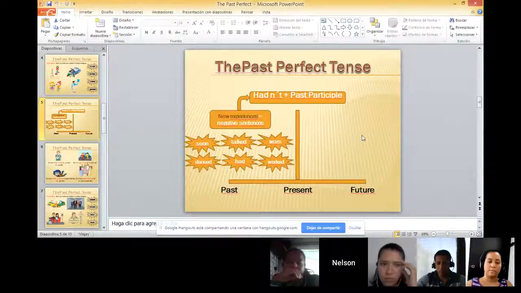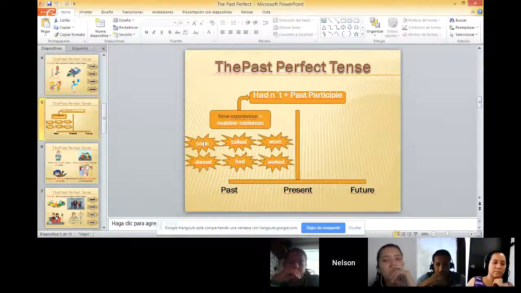Well, when the sentence is negative, hadn't or had not, it means new experiences. As you can see here, new experiences equals negative sentences. And we also have here regular verbs and irregular verbs.